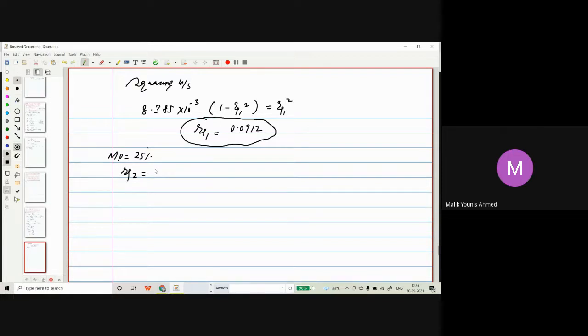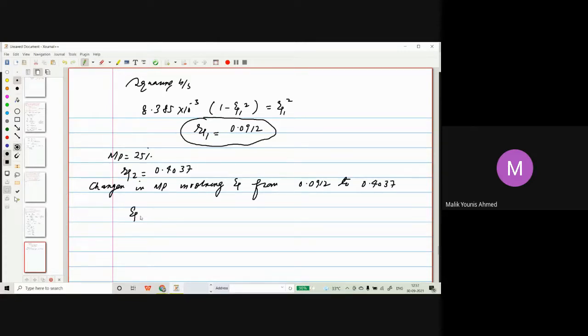I have not calculated it, but you can calculate it, and you get 0.4037. Thus, the change in maximum overshoot involves xi changing from 0.0912 to 0.4037.